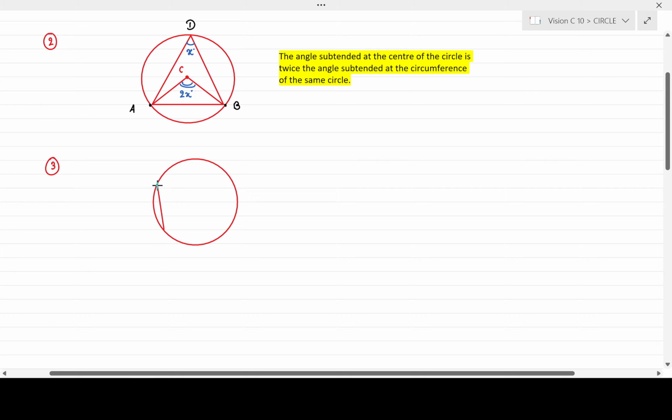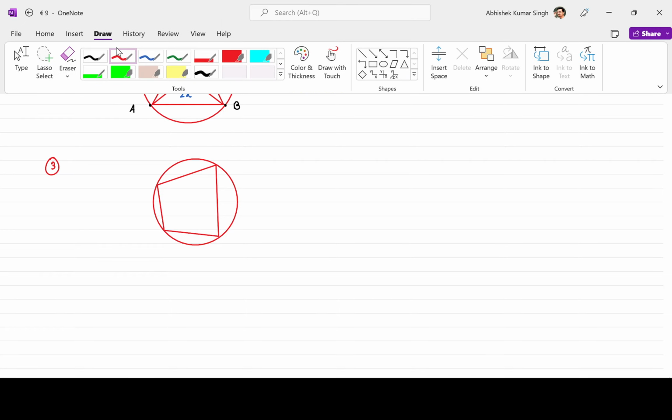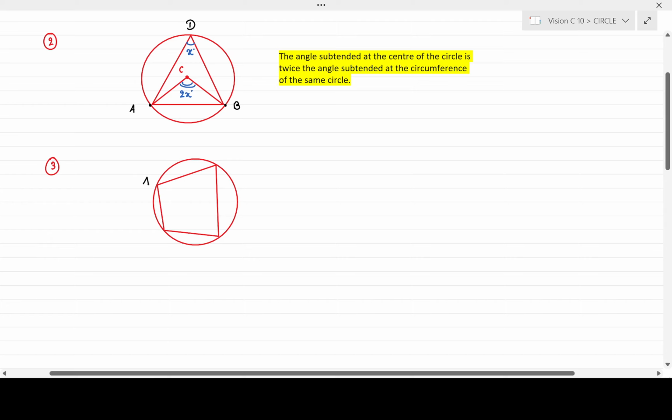Any quadrilateral whose all the vertices lie on the circumference of the circle, any random quadrilateral whose all the vertices lie at the circumference of the circle, is considered as a cyclic quadrilateral. Here we will say that ABCD is a cyclic quadrilateral.